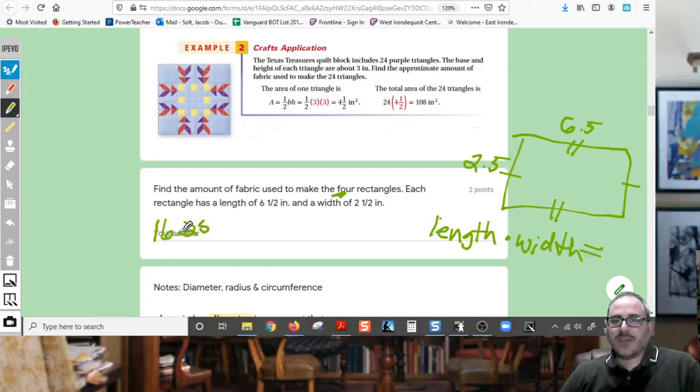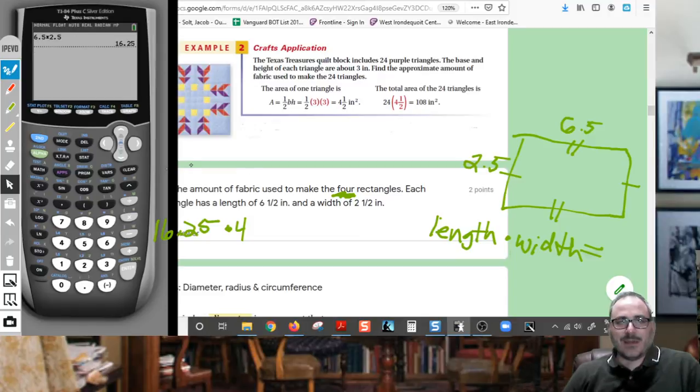16.25 is for 1 rectangle, but we got 4 of these guys, so we gotta do one more step. 16.25 times 4. Hopefully y'all caught that. If you didn't, that's why these problems can be a little tricky. It's that logical thinking that they really want to stress.